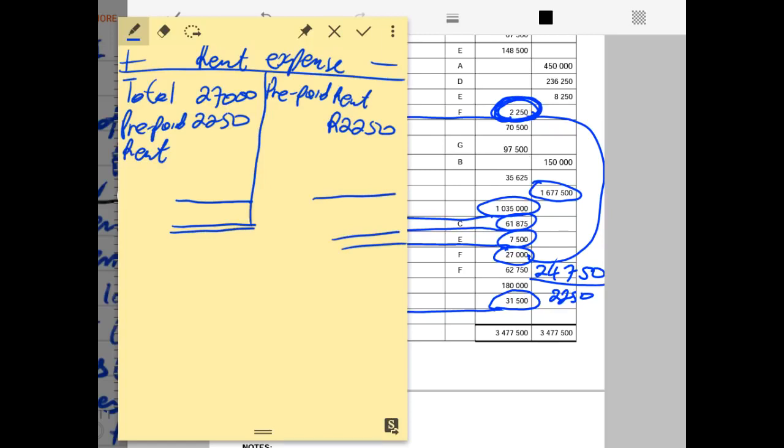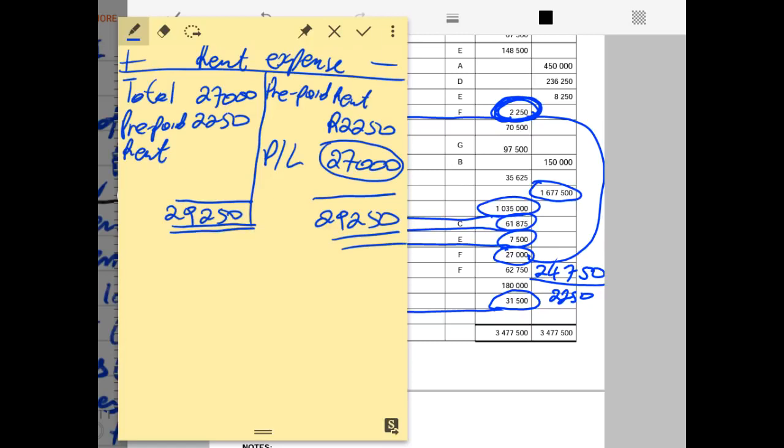So if we say 27,000 rands plus 2,250, that will give us 29,250 rands. 29,250 minus 2,250, that means we get 27,000 rands. That will be P/L, which will go to profit and loss. So now the rent expense has been closed completely.